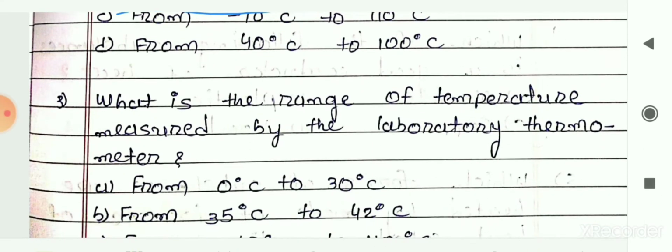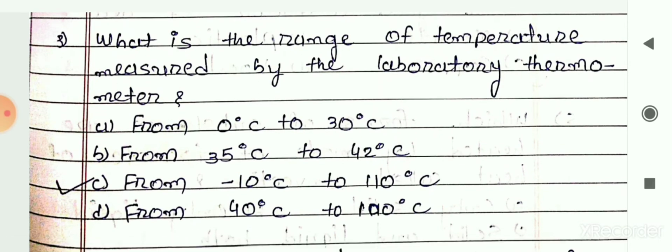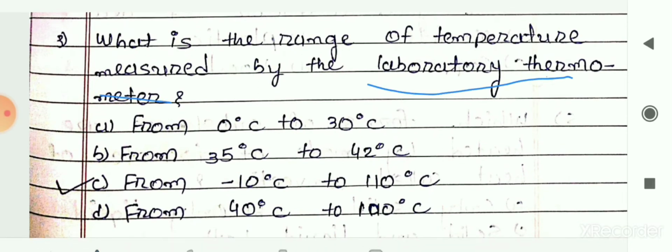The next question is, what is the range of temperature measured by the laboratory thermometer? Now it's a laboratory thermometer. The options are from 0 degrees Celsius to 30 degrees Celsius, from 35 degrees Celsius to 40 degrees Celsius, from minus 10 degrees Celsius to 110 degrees Celsius, or from 40 degrees Celsius to 100 degrees Celsius.